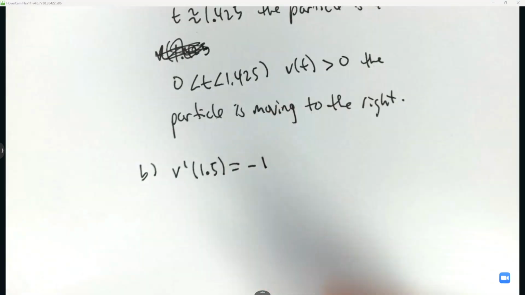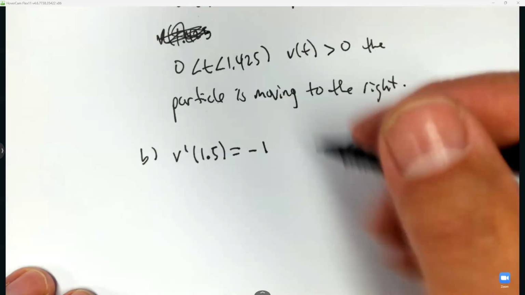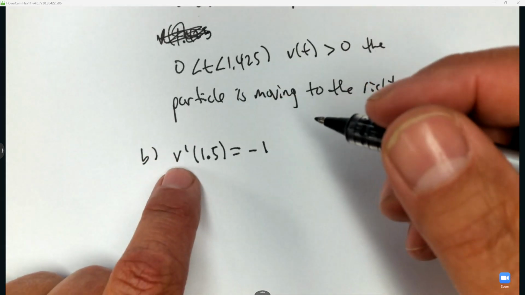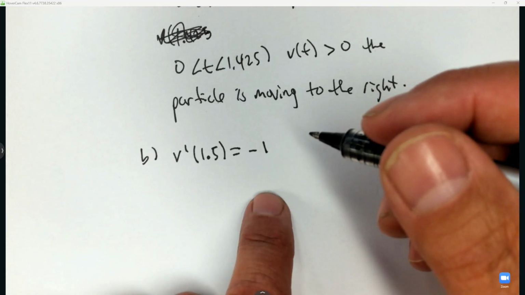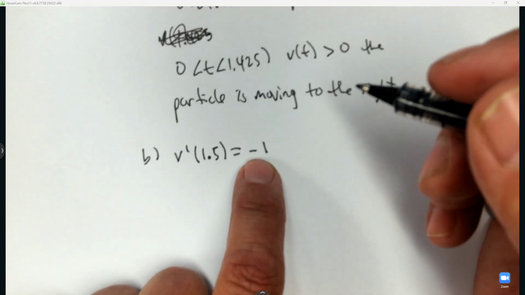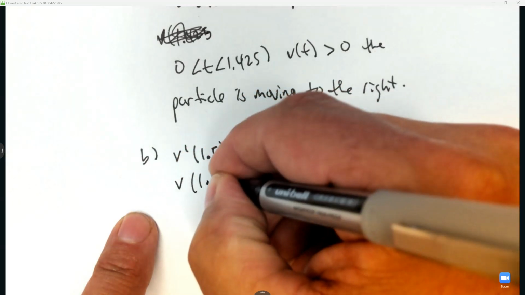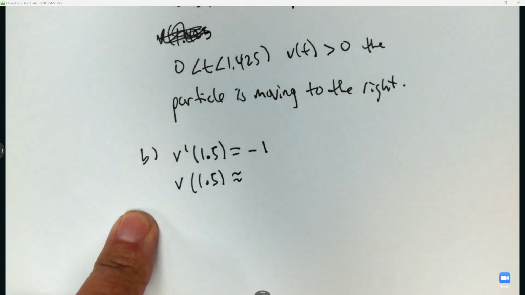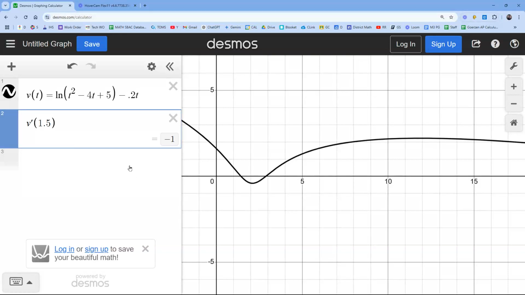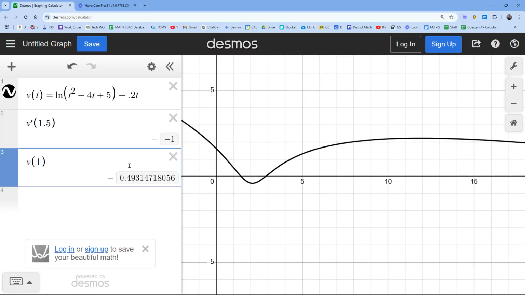Then the second part, is the speed increasing or decreasing? So we've seen this question a few times. We need to know if the signs are the same or different. So the acceleration is -1. Now I need to know just the velocity at 1.5. Oh, not 1, sorry, at 1.5. That's going to make a difference. So the velocity at 1.5 is -0.076.